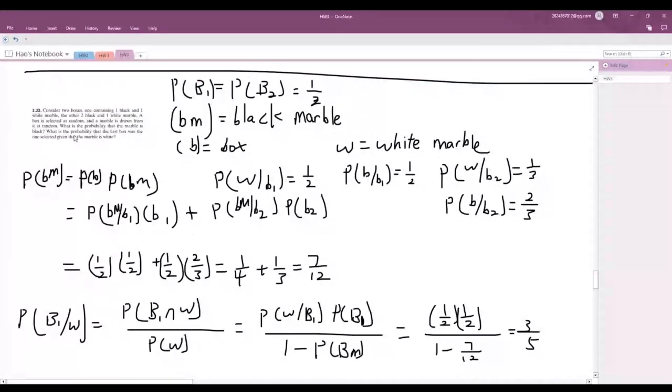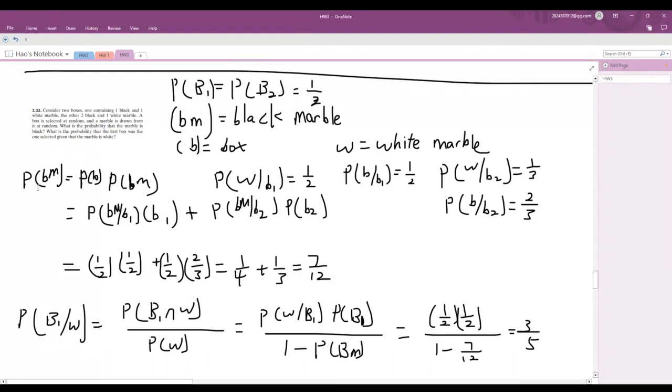Okay, I'm going over question 32. Since a box is randomly selected, the probability of choosing box 1 and box 2 is the same, a half. BM is for black marbles, B is for the box, and W is for white marbles. The first question asks what is the probability that a marble is black.